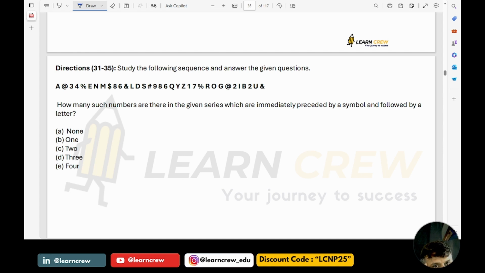Which one do you find here? Could you find it anywhere? See this one. A number preceded by a symbol followed by a letter I. So there is only one. Next.